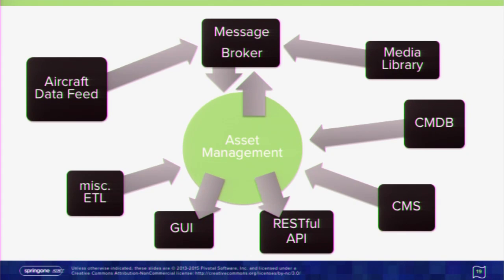On the other side, we have media libraries where all the movies are stored. They play their part in submitting inventory information and state of assets. We do have a little CMDB part in the game. We have the content management system in a classical, traditional sense that also submits state information.